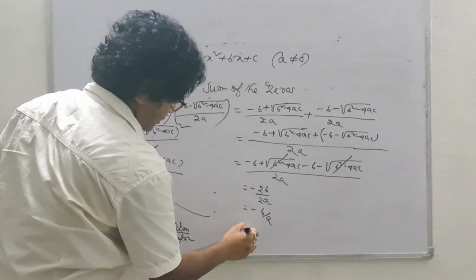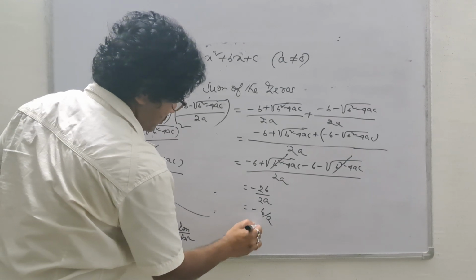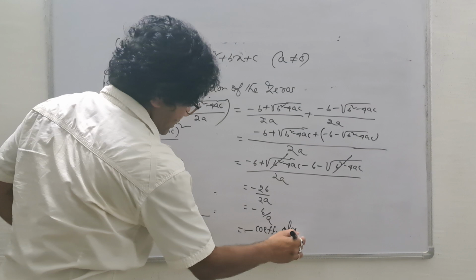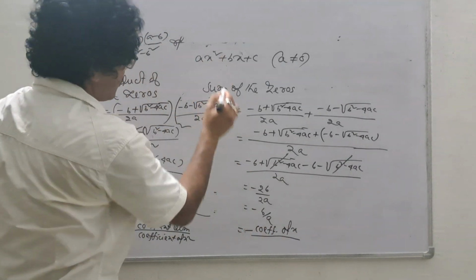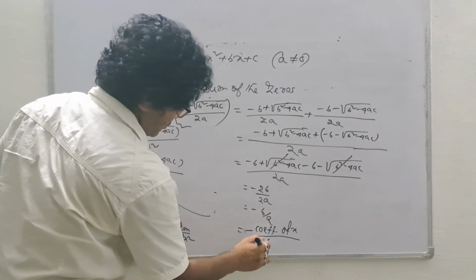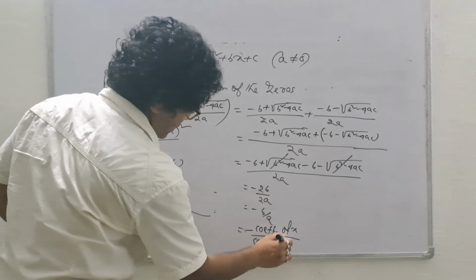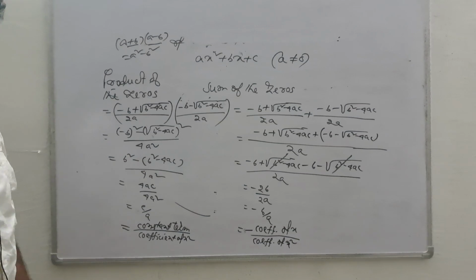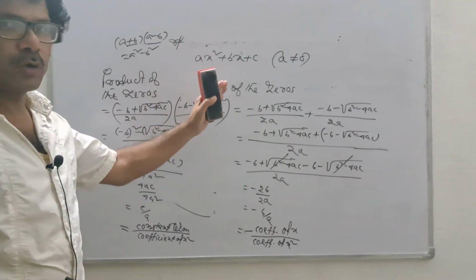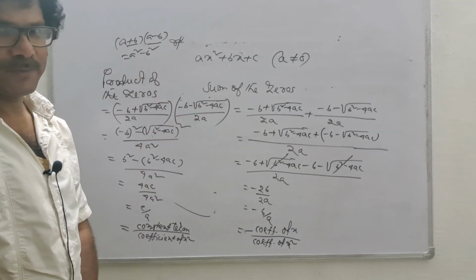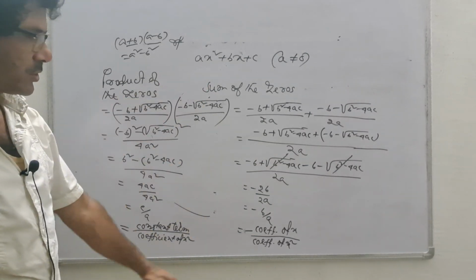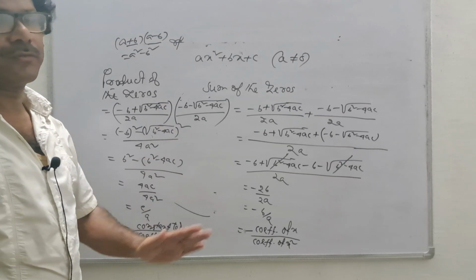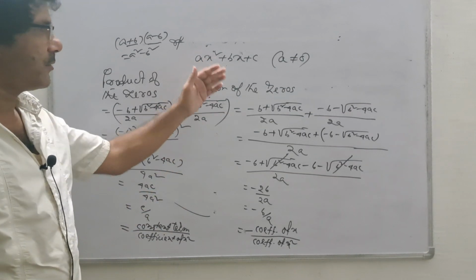Coefficient of x, so minus coefficient of x divided by a, the coefficient of x squared. So this is the relation between the zeros of a polynomial and the coefficients. Okay, this is the relation between the zeros of a polynomial and the coefficients of the variable.